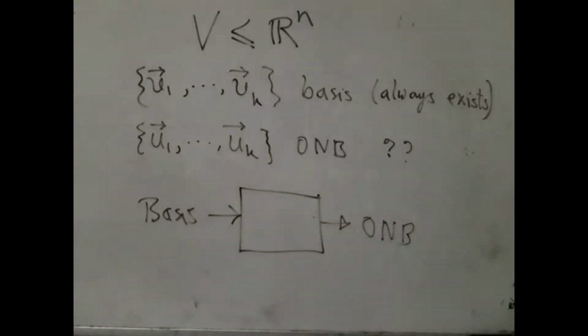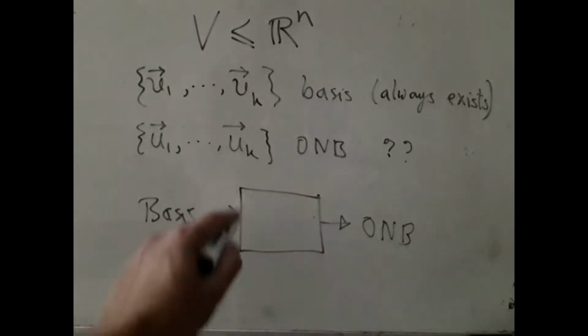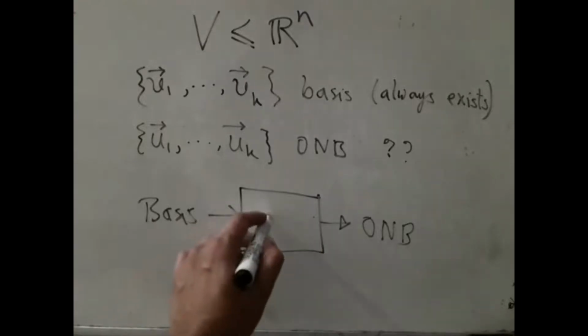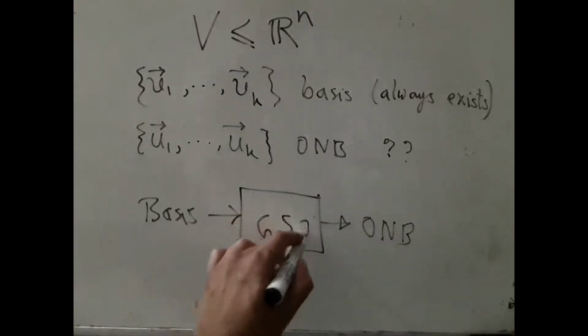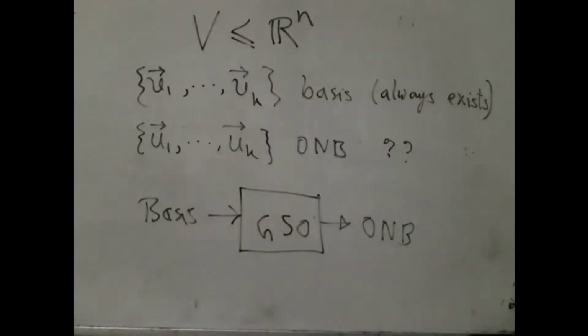So it's like a filter that converts any basis into some orthonormal basis. A very useful algorithm, and it is called the Gram-Schmidt orthogonalization. It takes a basis of any arbitrary subspace of some Rn, and in a routine way churns out an orthonormal basis of the same subspace.